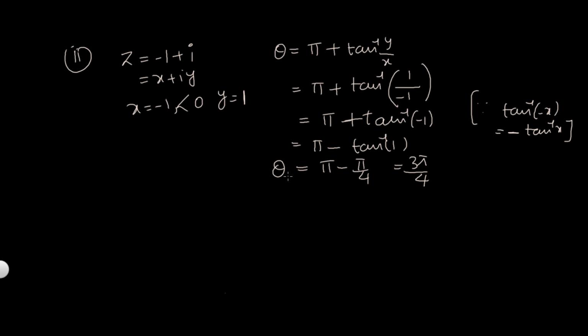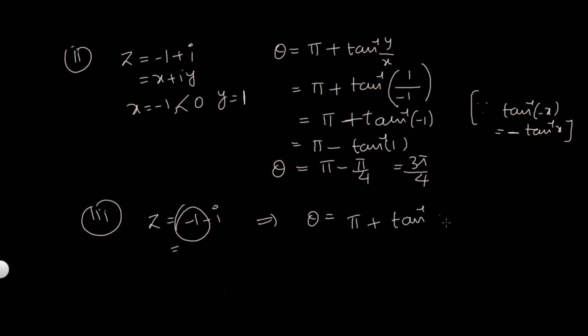Next, similarly, the third example. My z equals minus 1 minus i. So theta, compared with x plus iy, where x is negative. Similarly, we can write theta equals pi plus tan inverse y by x. Here y equals minus 1 and x equals minus 1.